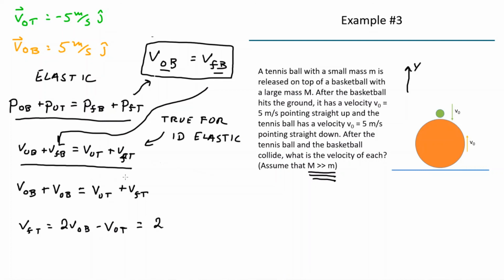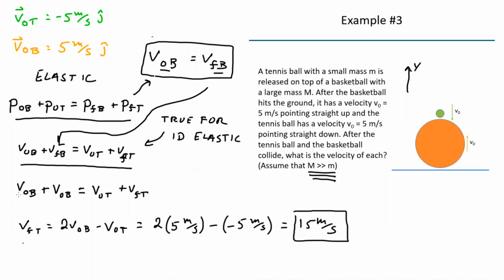So this is 2 times V naught b, which is 5 meters per second, minus V naught t, the initial velocity of the tennis ball, which is negative 5 meters per second. This all comes together as 15 meters per second. So the final velocity of the tennis ball is 15 meters per second.